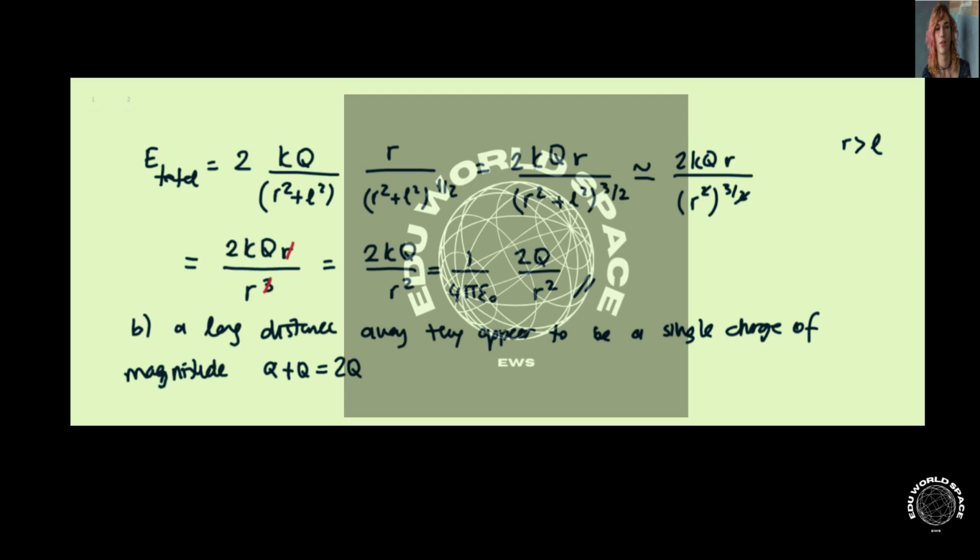This explains why the electric field is proportional to 1 over r squared there and not 1 over r cubed like a dipole. When you look at this electric field, this exactly tells you that, as if you have a single charge that has the magnitude of 2q, and we're looking at the electric field generated by that.